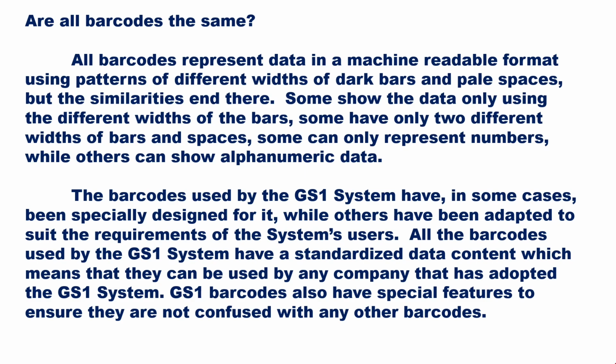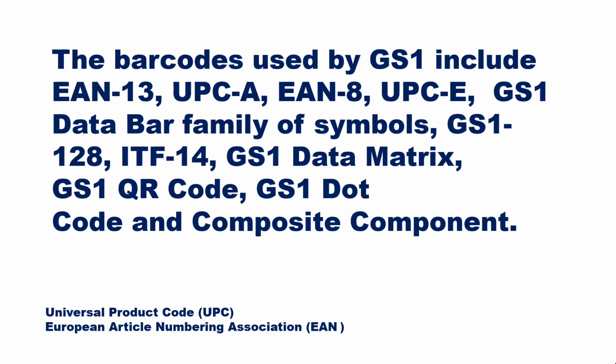So here in our explanation for barcodes, we will be taking the reference of GS1, and in that we will see about the UPC. The barcodes used by GS1 include EAN-13, UPC-A, EAN-8, UPC-E, GS1 DataBar family of symbols, GS1-128, ITF-14, GS1 DataMatrix, GS1 QR Code, GS1 DotCode, and composite or component.